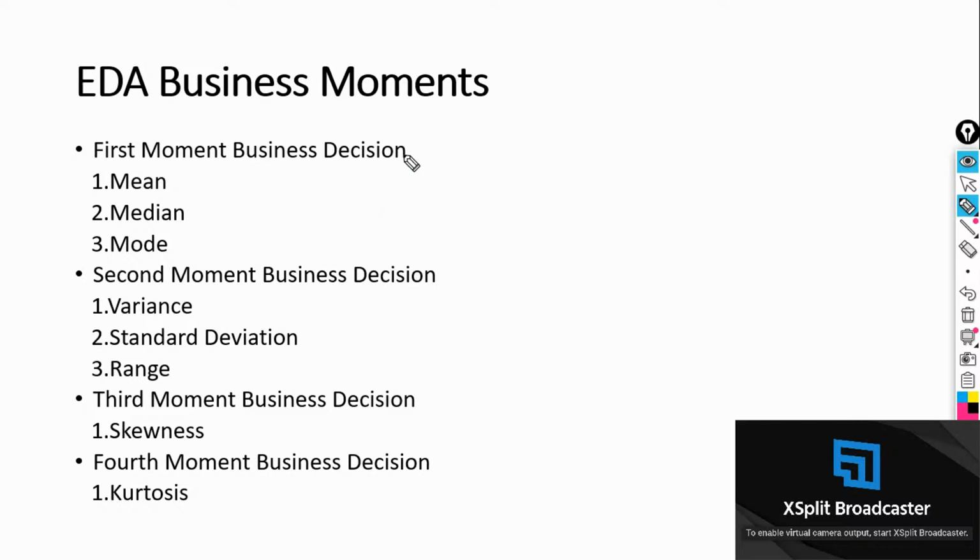Okay, first moment business decision was completed, which measures the center value or representative value of the data. It is measuring the center or the representative value. Now we have second moment business decision.